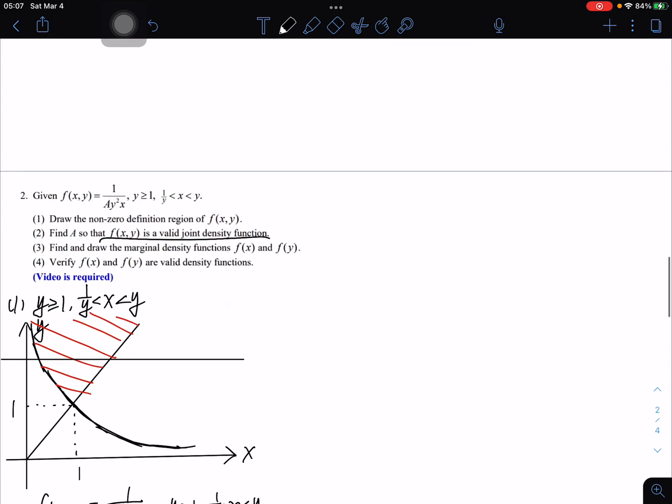Okay. The third problem is find and draw the marginal density functions f_X and f_Y.